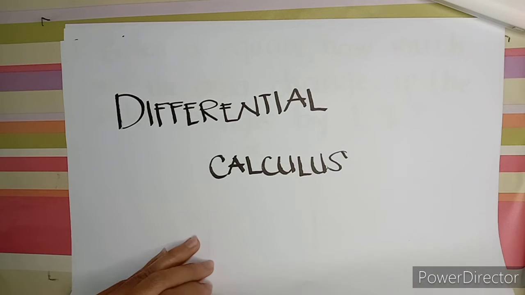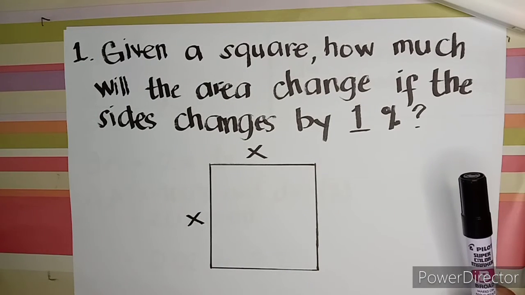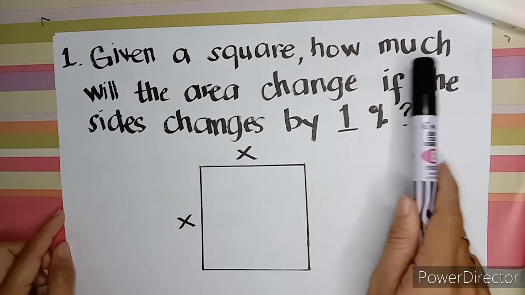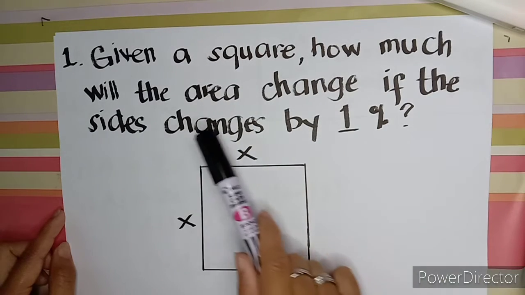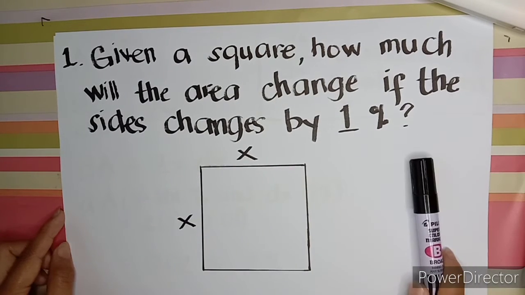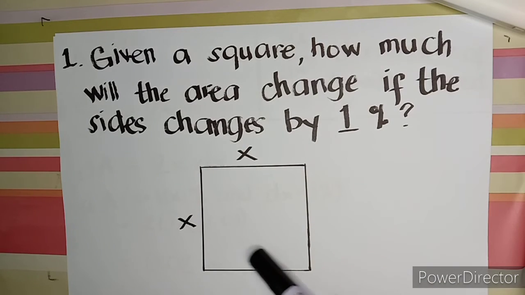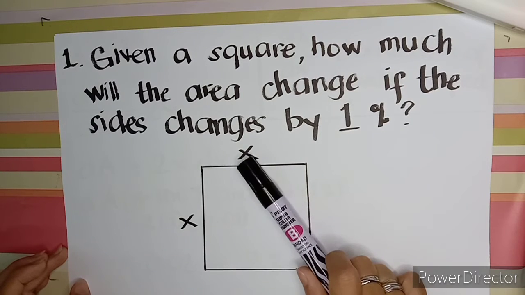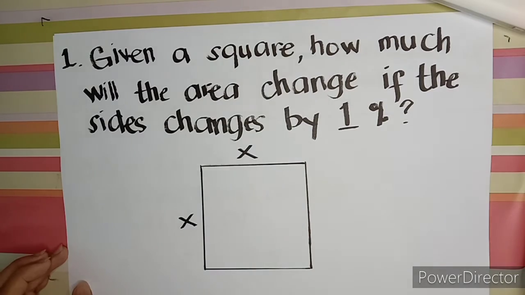I have here 3 word problems regarding this topic. Number 1: given a square, how much will the area change if the sides change by 1%? So we have here a square, and let us put x to represent its sides.